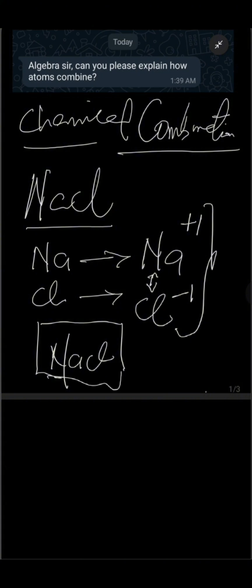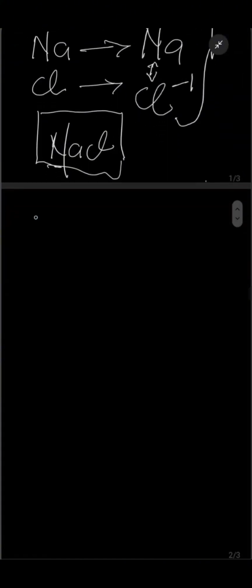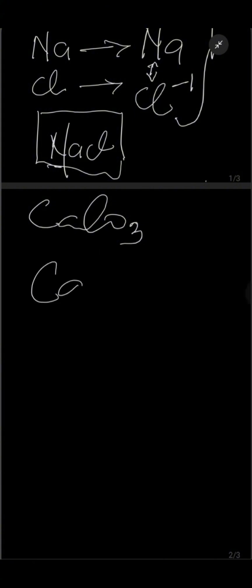So if we look at other compounds like calcium carbonate, CaCO3, if we break this compound into two, it is formed from calcium and carbonate itself. Calcium is Ca2+, that is the valency, while carbonate is CO3 2-.